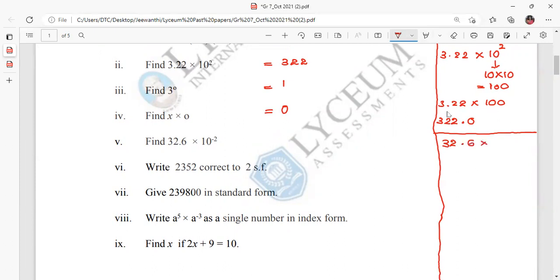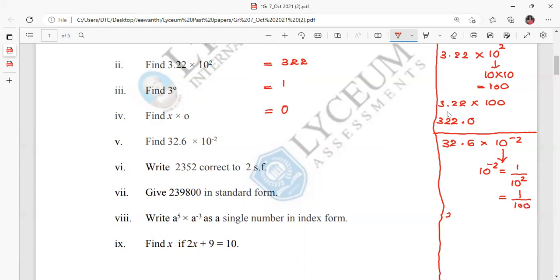Then I have 32.6 multiplied by 10 to the power negative 2. You know that when you have a negative index, 10 to the power negative 2, what should I do? I want to make it positive, so I convert it into positive and get the reciprocal. That means 1 over 100. 10 to the power 2 means 100. Already we did a similar question like this.